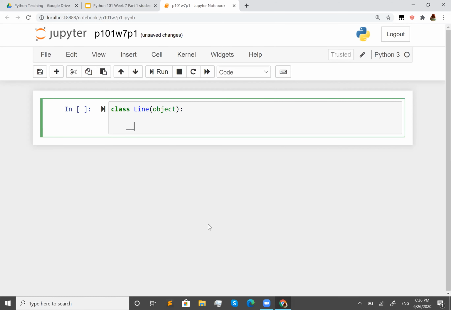Underscore. Yeah, it's an underscore. Well, there's two underscores here. So you put 2 underscores, then init, then 2 underscores, then colon. Wait, hold on.